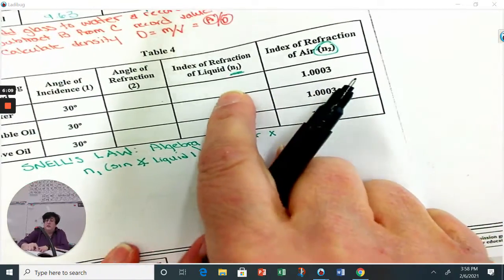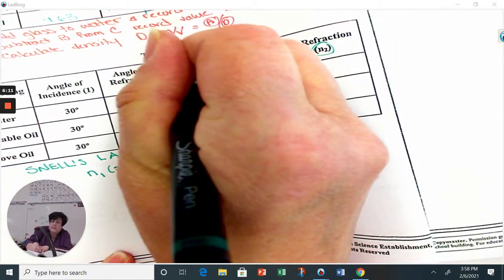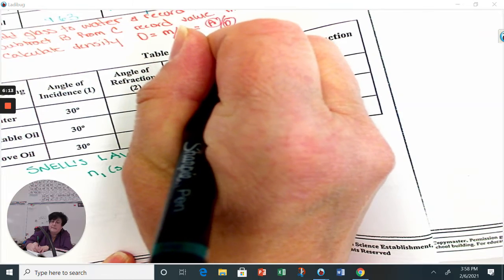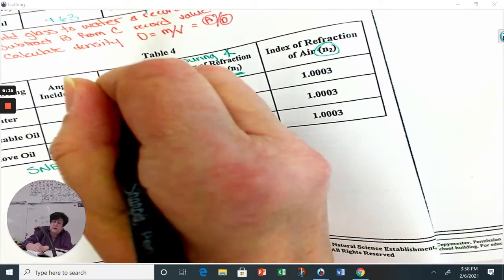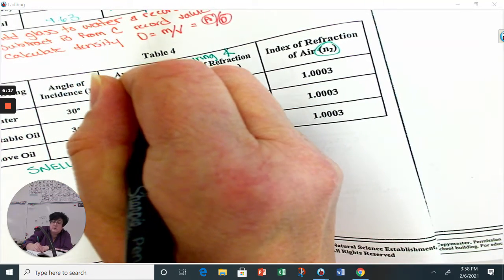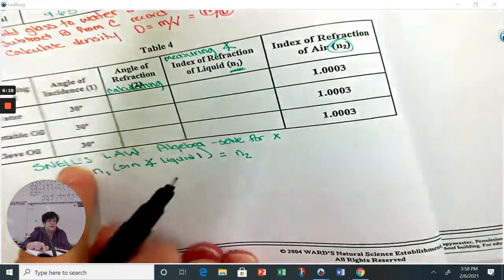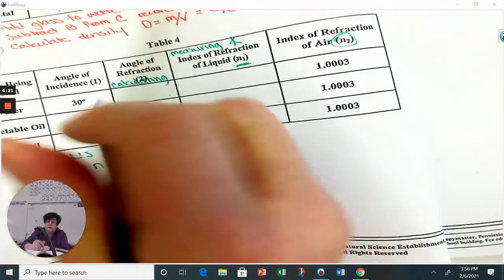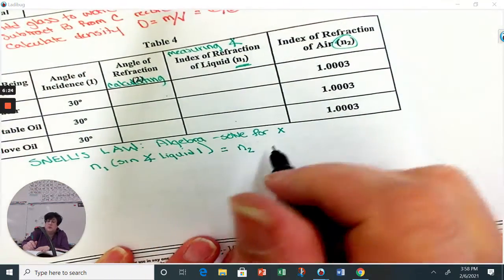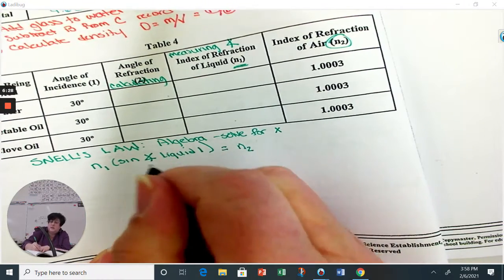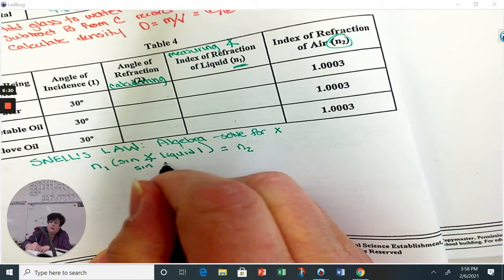We're measuring this angle, and we are calculating this. This never changes, right? It's always the same. So we're going to calculate that out. This is going to be the sine of 30 degrees.